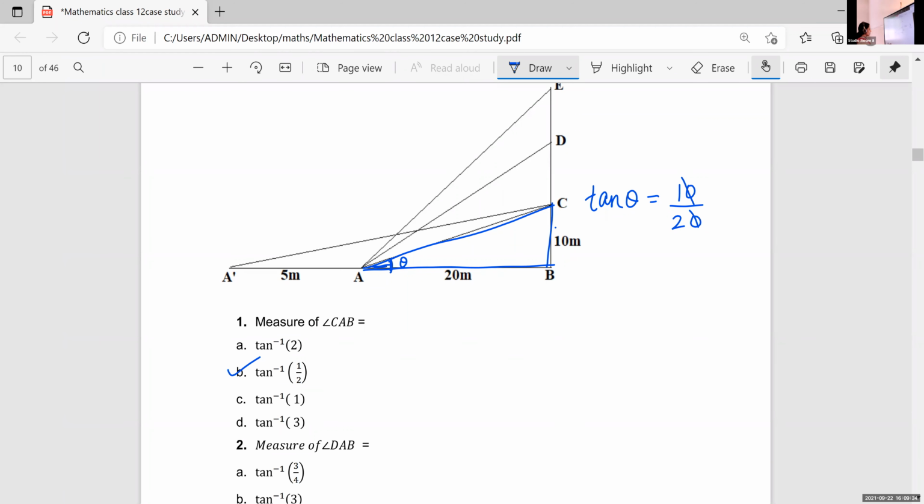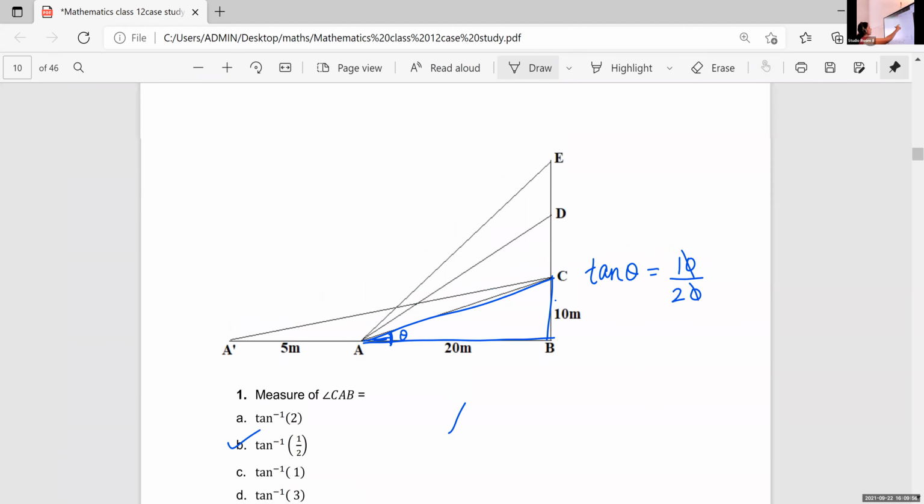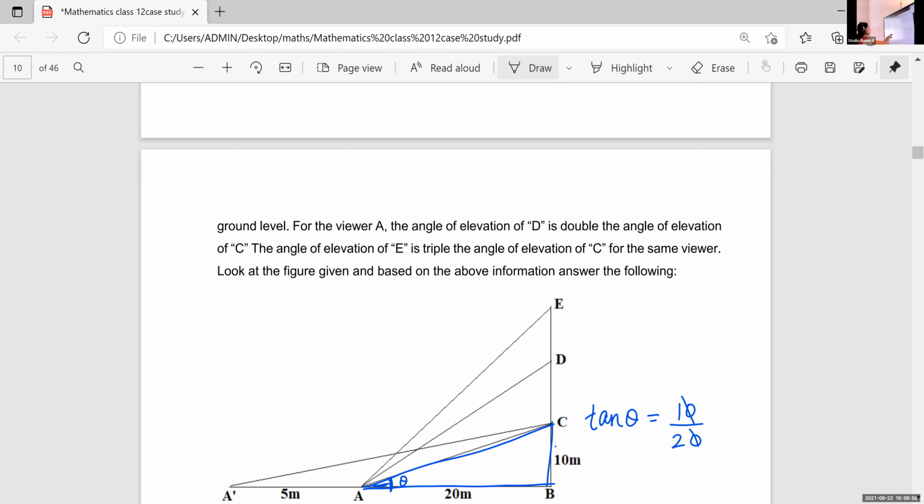Now look at the second one, angle DAB. We want to find angle DAB. What will be the measure of angle DAB? For that, once again, you have to read the paragraph given there. What is given?